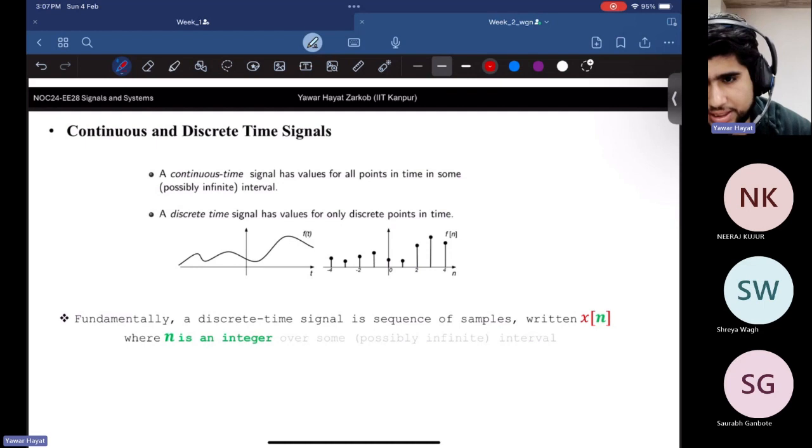That is not the case with a discrete time signal. Moreover, a discrete time signal is usually written as x of n, where n is an integer. So it will have values corresponding to the integral values of n, for example, n equals 0, n equals 1, n equals 2, and so on. And as was the case with the continuous time signal, this interval can very well be infinite.